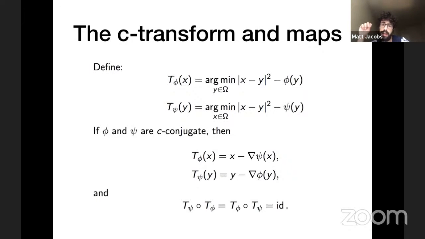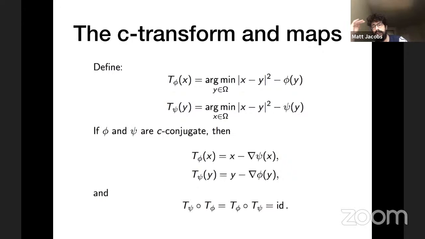And the key is to look at the maps that you get when you ask what is the argmin of these C transforms. So I can define a map T phi, and that just tells me what is the minimizer of the C transform at a point X. And I can do the same thing with T psi.